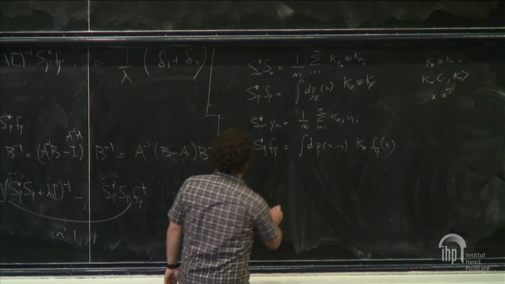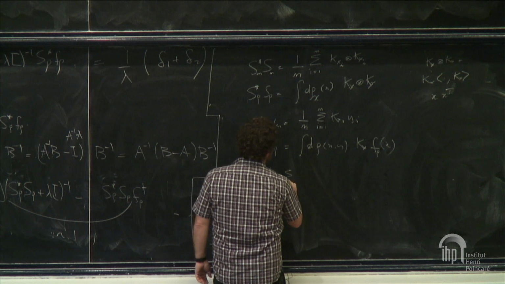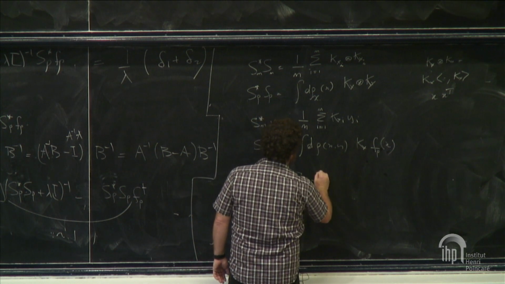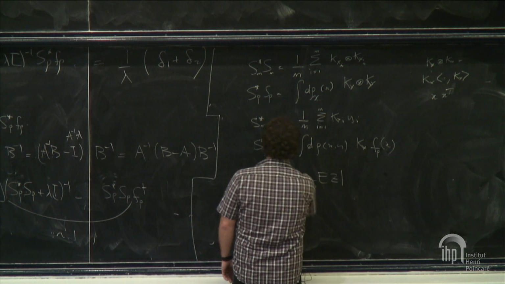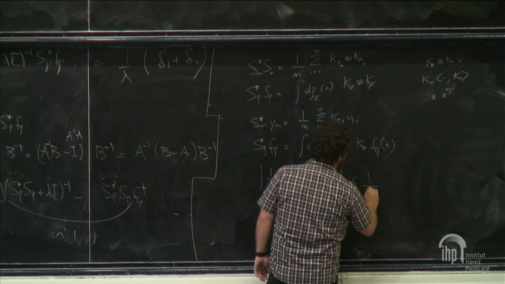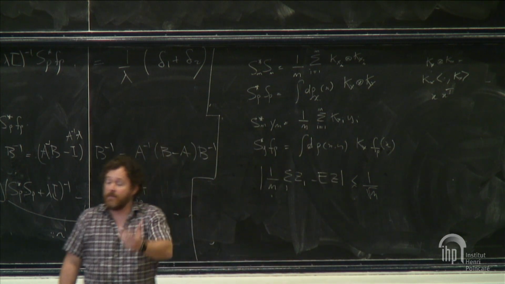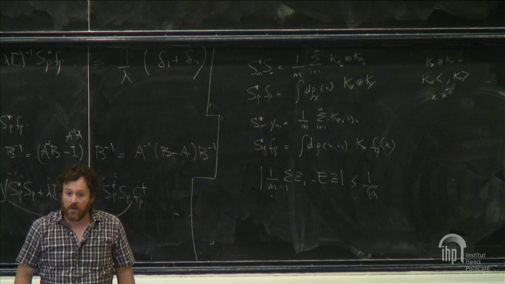So Hoeffding inequality in its basic form says that if I have a sum of bounded vectors zi, and I want to bound with high probability their norm, I get something that up to constants is order 1 over square root of n. The constant is then the bound on the random variable.